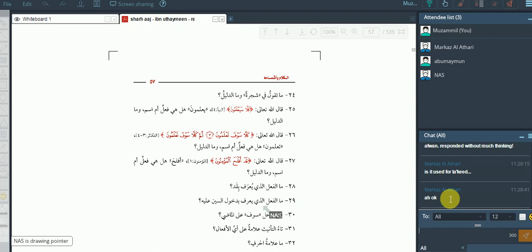Let's go back to the questions. Question 29. ما الفعل الذي يعرف بدخول السين عليه? Which verbs have seen entering upon them?